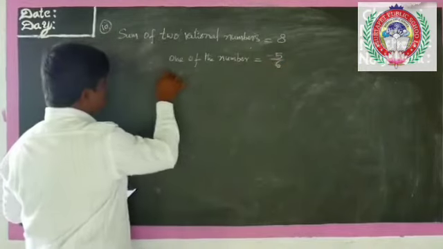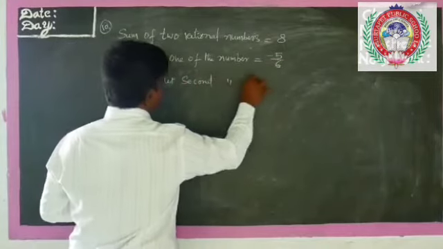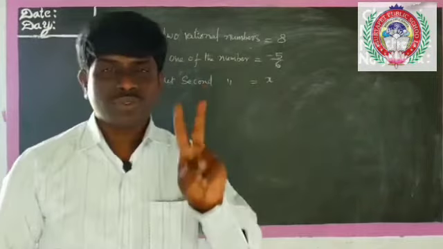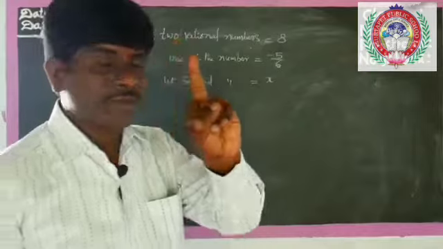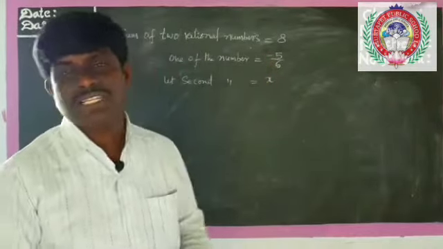And we don't know the second one. Let the second number be x. There are 2 numbers. If we add the 2 numbers, the result should be 8. One of the numbers is minus 5 by 6. Then what about the second number? We need to find the second number.